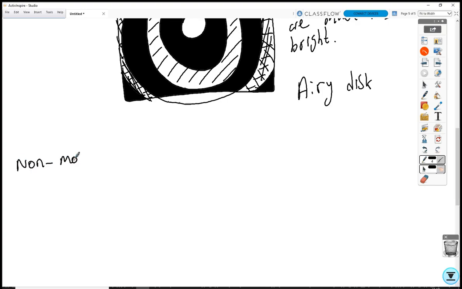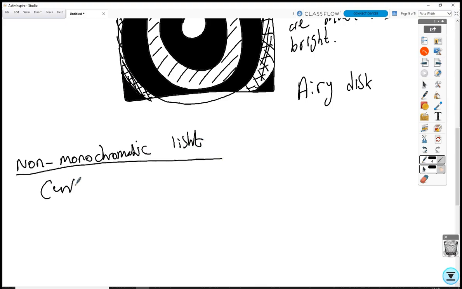So non-monochromatic. And again, this was also done in AS waves. So central fringe is white. And this is the case for both single and double slit patterns.